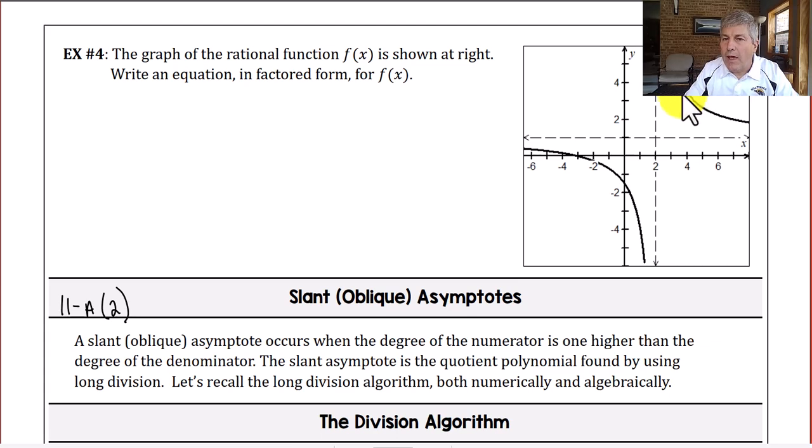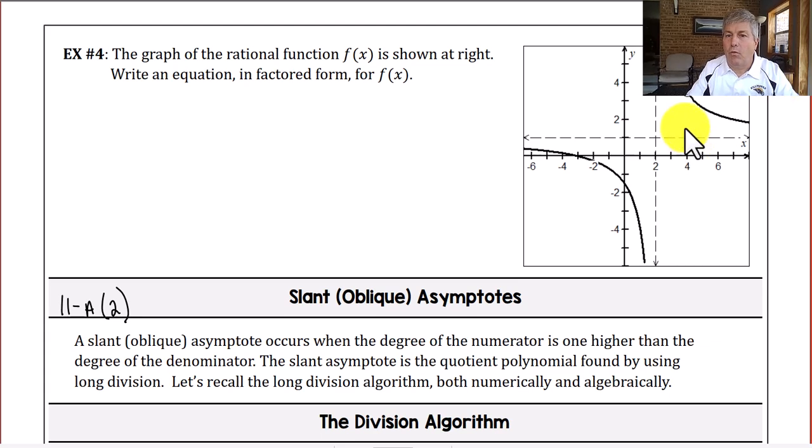We also have a hole at x equals 4, which means we're going to have a factor of x minus 4 in both the numerator and the denominator.